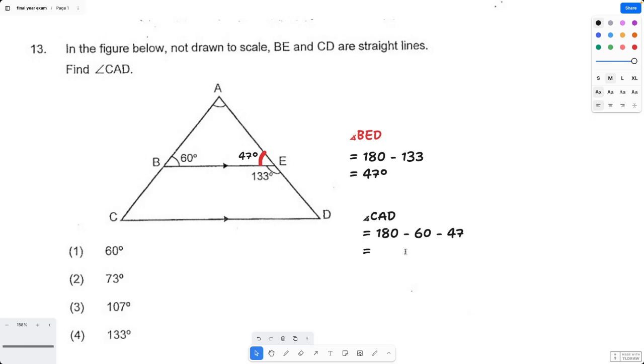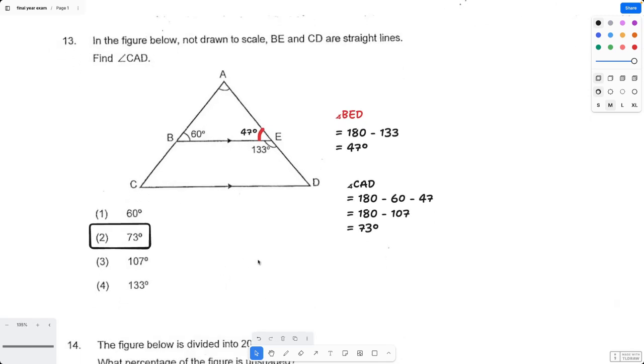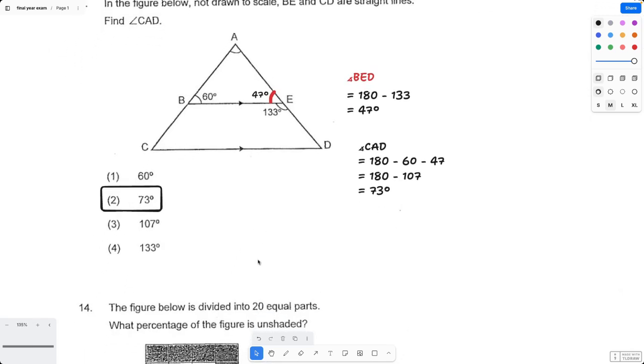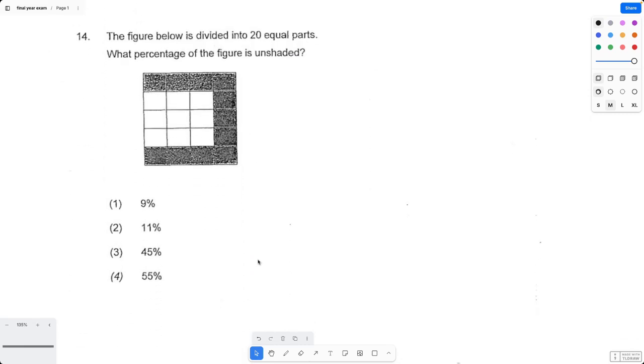So 60 plus 47 is 107, so 180 minus 107. This will give us 73 degrees. And there you go. So what will give us 73 degrees? Option number 2 in this case. The answer is 73 degrees. Let's move on to the next question.